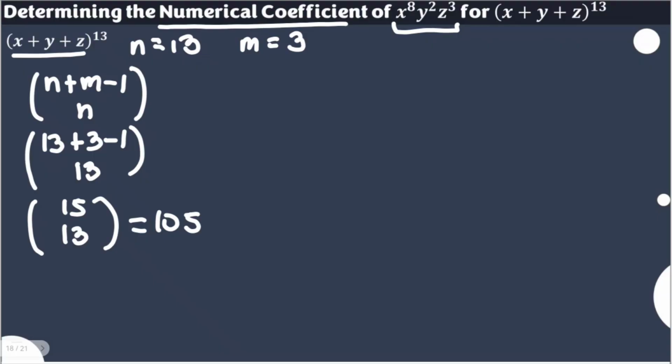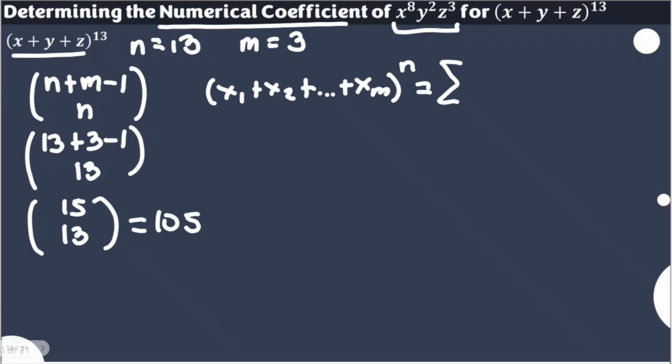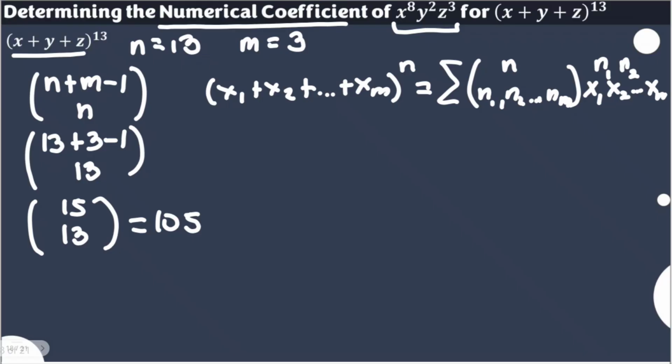Now, we can solve this using a formula for the expansion. The expansion of x sub 1 plus x sub 2 plus until x sub m, we don't know how many they are, raised to the power of n, is given by this formula: the summation of the combination of n and n sub 1, n sub 2 until n sub m, times x sub 1, your first term, raised to the power of n sub 1, x sub 2, your second term, raised to the power of n sub 2, and then your mth term raised to the power of n sub m.